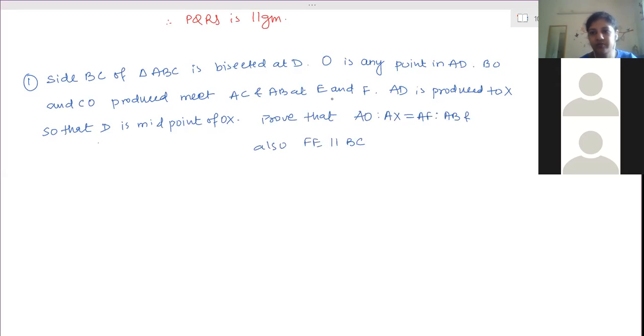This is the question, no figure. First, we have to draw triangle ABC.